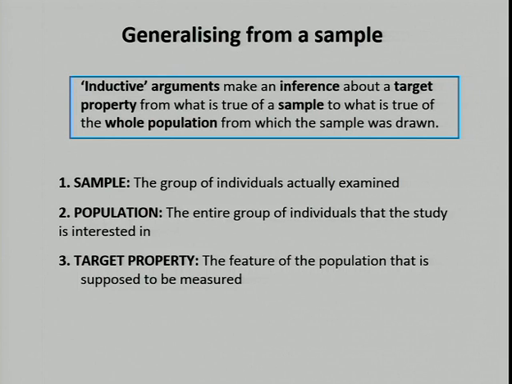So target property is going to be the thing that is supposed to be measured, right? The thing that you want to know, for instance, voting behavior, right? Likely decision in a presidential election, something like that for the two examples that we just saw. The population is the large group of people or objects or things or whatever processes that you really want to know something about.